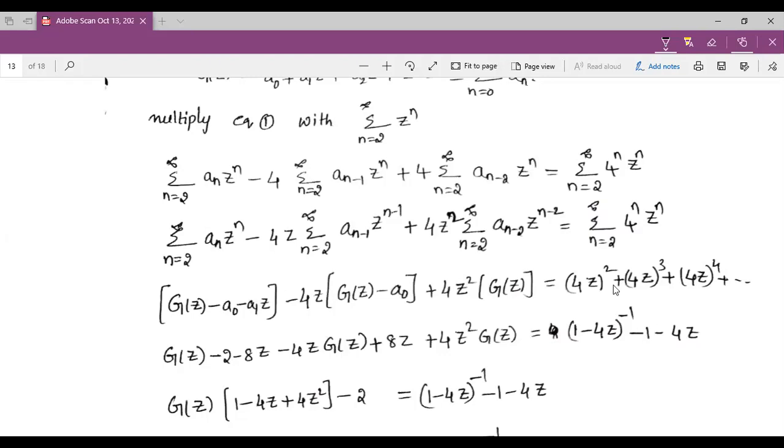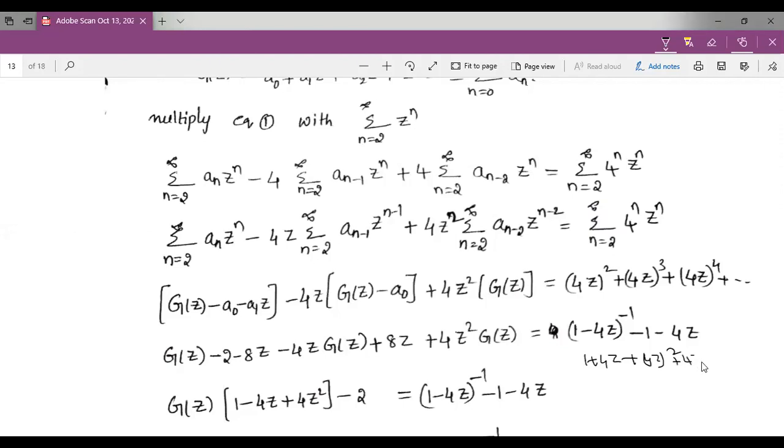From that we write minus 1 minus 4z. Expanding this form, we get 1 plus 4z plus (4z)^2 plus (4z)^3 and so on.